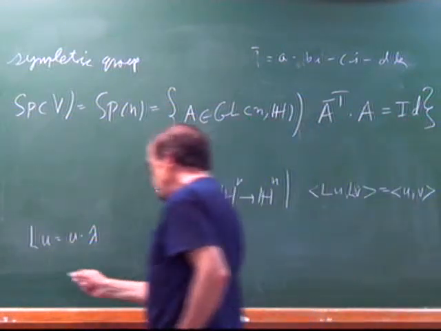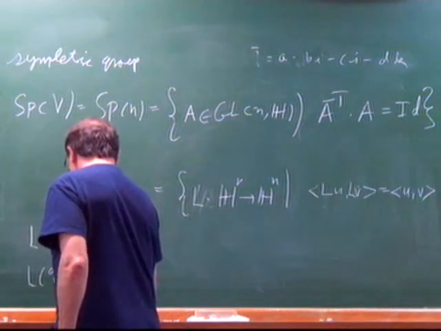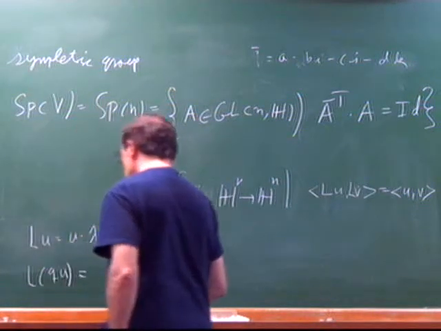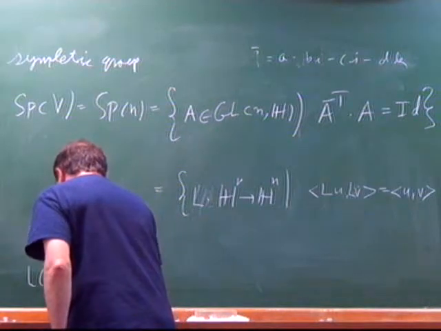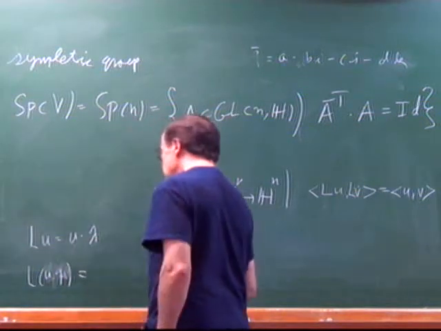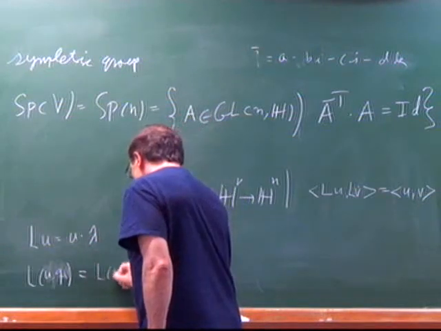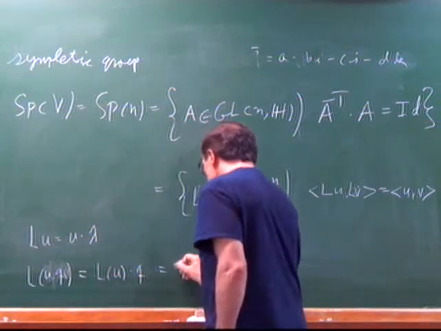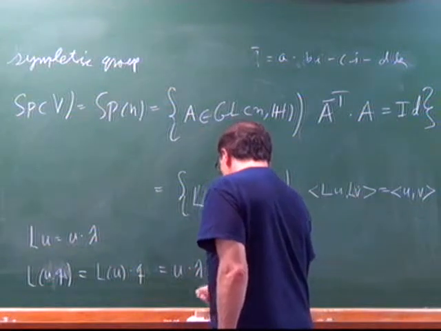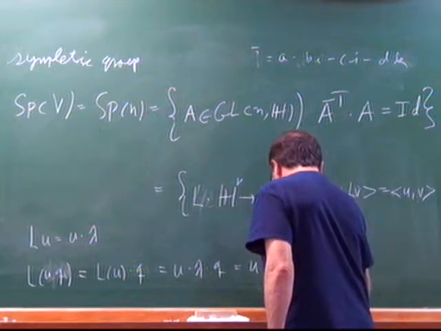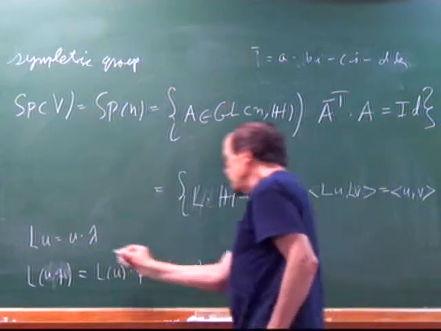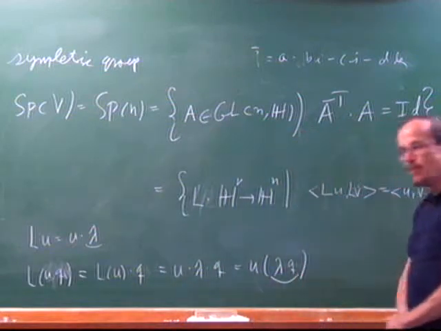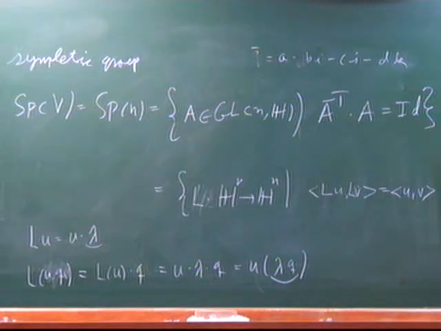If I now take a multiple of the eigenvector, this will be L of x times Q, which is U times lambda times Q. So if lambda is an eigenvalue, a quaternionic multiple of lambda is also an eigenvalue, and that's a four-dimensional vector space of things.